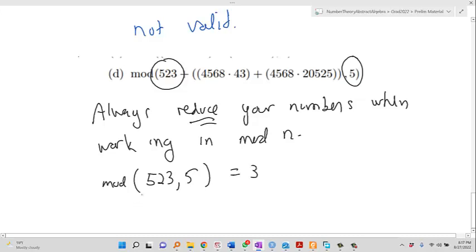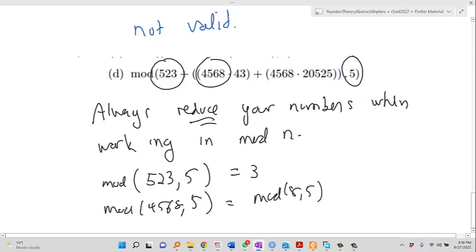Okay. Let's do another one. Suppose we have this one, 4568 mod 5. Suppose I divide this by 5. 4560 is divisible by 5. So this has the same mod 5 as 8, but certainly 8 mod 5 is 3.